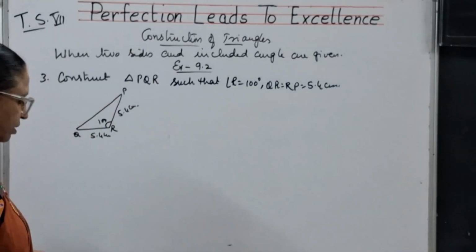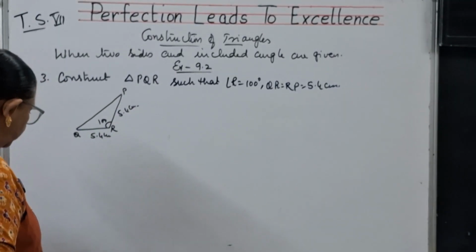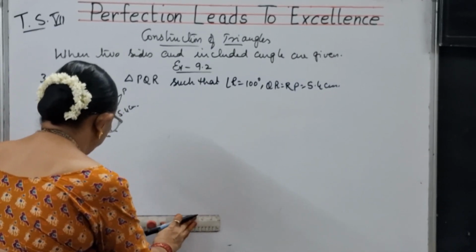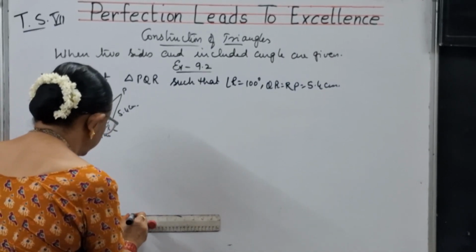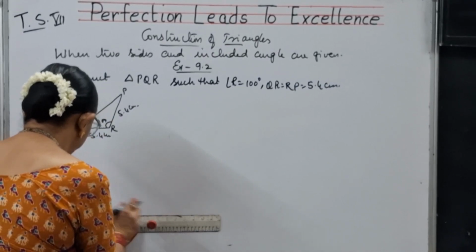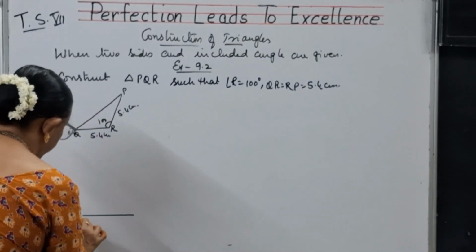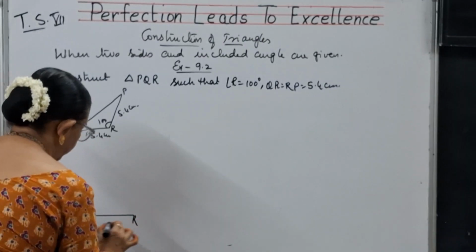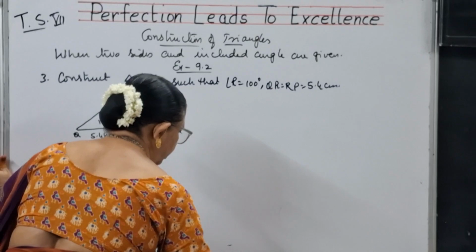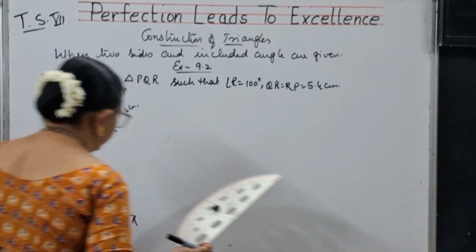So this construction we need to do. So first what we have to do? We should take QR 5.4 centimeters. So this is QR, Q and R, 5.4 centimeters. Now at R you need 100 degrees.